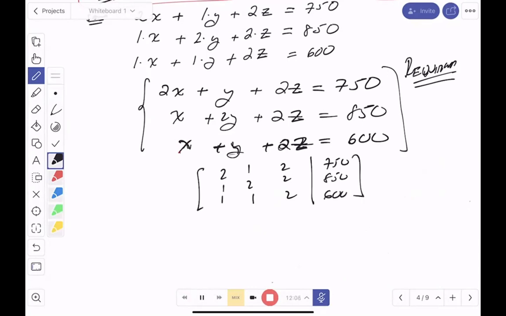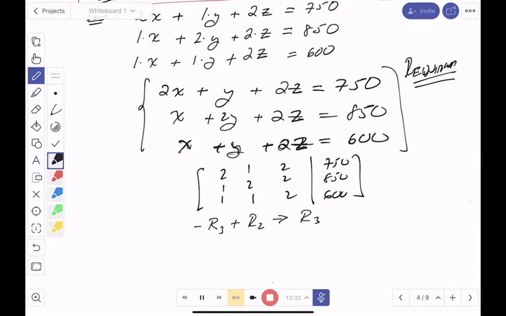And I believe what we did initially was, let's see what I did initially. So I'm going to say minus row 3 plus row 2 and give it to row 3.